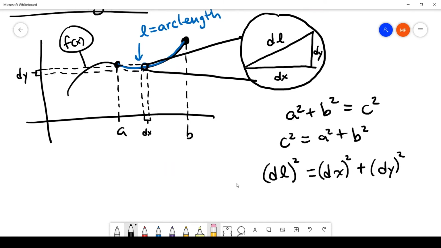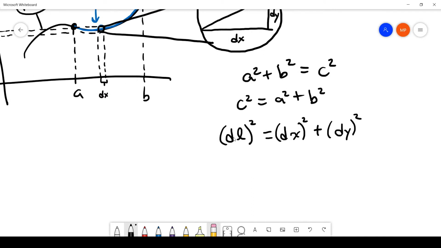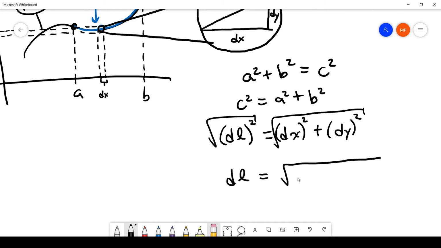Well, if I'm looking to find a function that'll help us calculate this arc length, the first thing we need to do is isolate this dl here. So I'm going to take the square root on both sides. And this is going to give me dl is equal to the square root of dx squared plus dy squared.